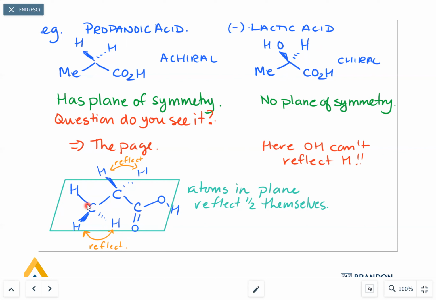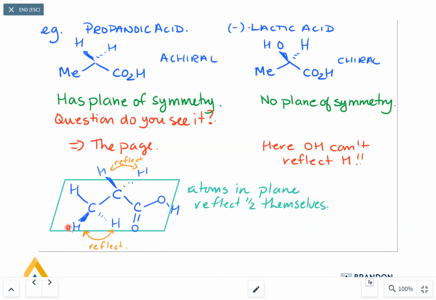But the plane in propionic acid bisects this hydrogen, the carbon, the carbon, the carbon, the oxygen, the oxygen, and this proton. So all of these things are in a perfect zigzag, right? They're all in the same plane, all zigzagged.